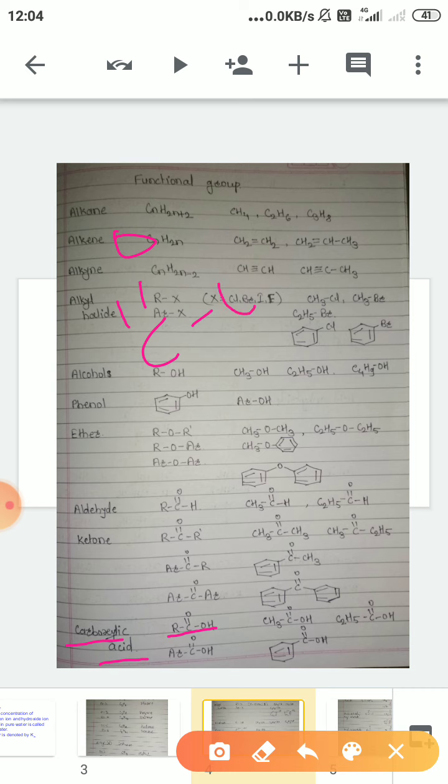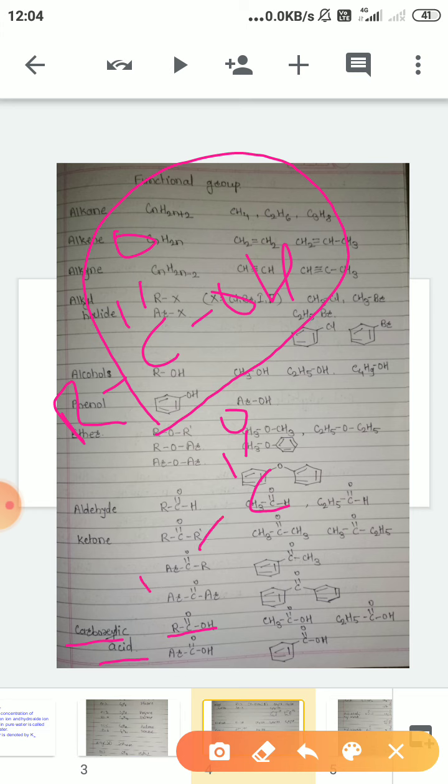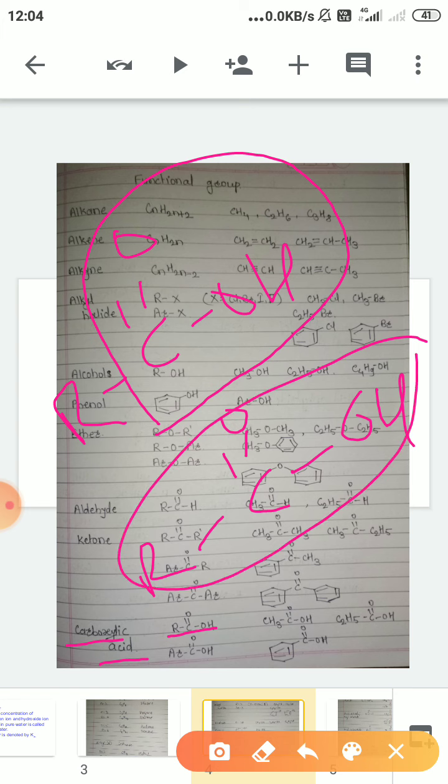Hydrocarbons containing a C double bond O OH group are called carboxylic acids, or we can say if the carbonyl group is attached to one alkyl group and one hydroxyl group, then such compounds are called carboxylic acids.